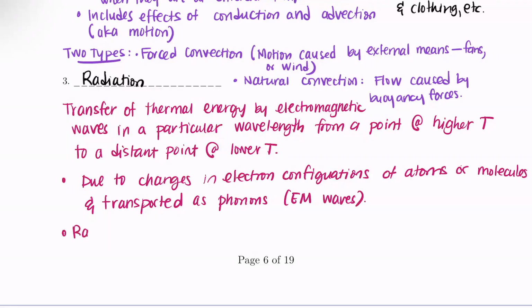Radiation sort of transfers heat at its best in a vacuum. So in space, for example, which means that there's no need for the presence of matter to do this form of heat transfer, okay?